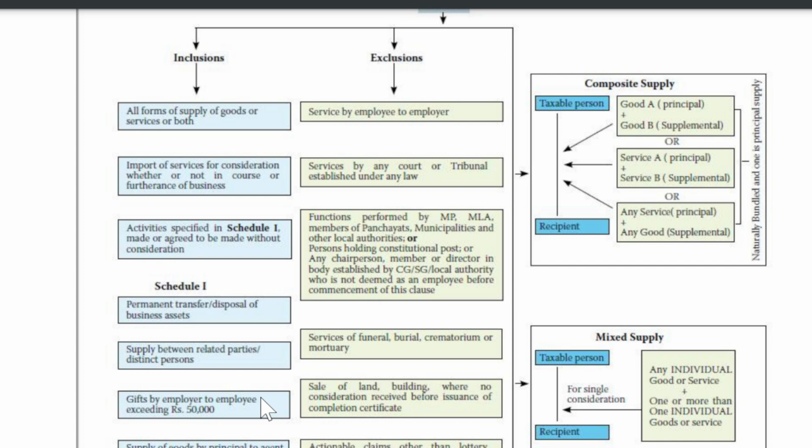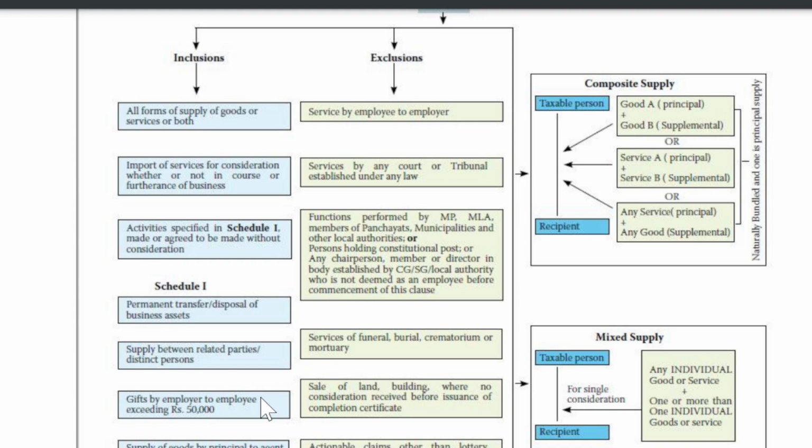Then import of services by the taxable person from a related person or any of his establishments outside India in the course or furtherance of the business. For example, as we said, X Limited is a company in India. It has a subsidiary or holding company, Y Limited, in the US.